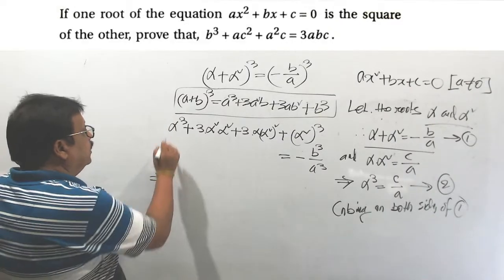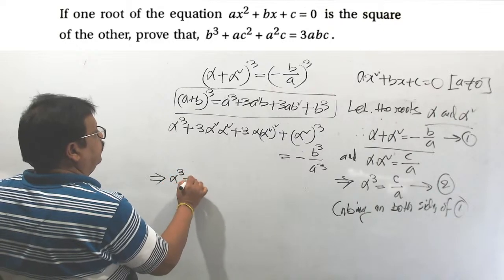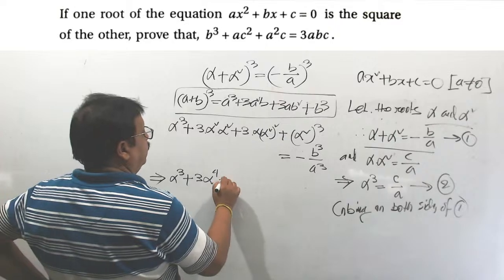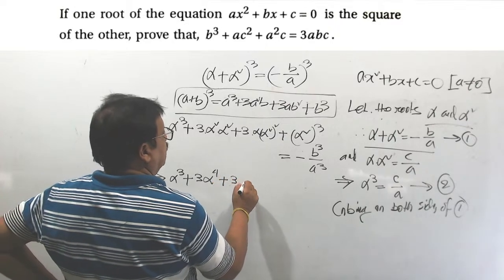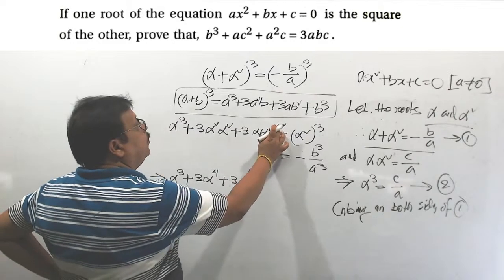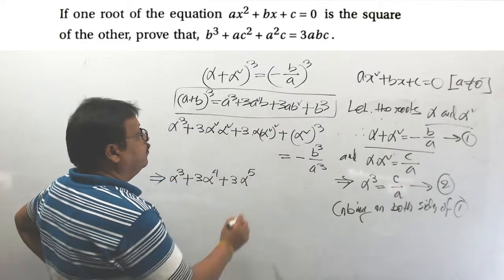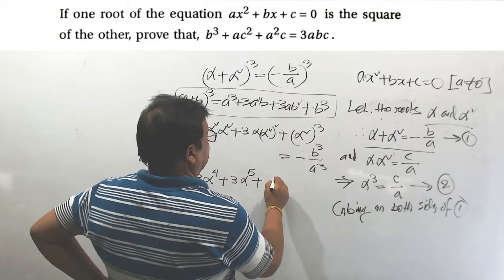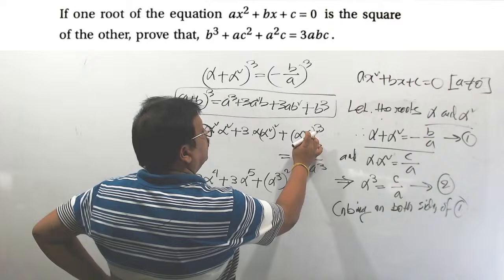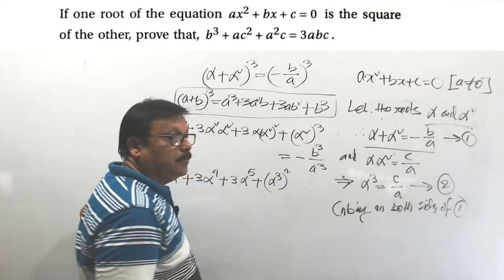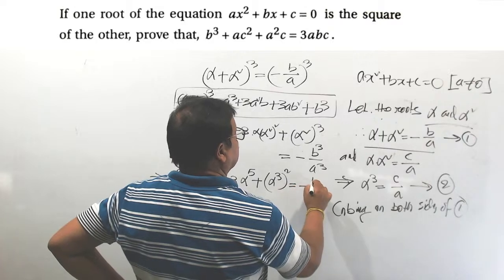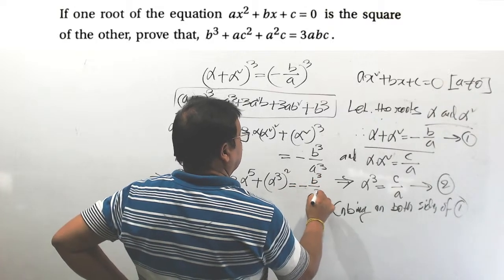What this implies: alpha cube plus 3 alpha to the power 4 plus 3 alpha to the power 5, 2 twos are 4, 1 5, plus alpha cube whole square, interchanged, equals minus b cube by a cube.